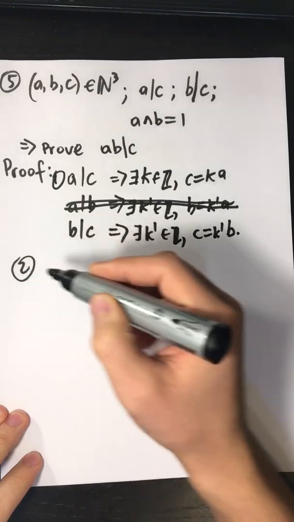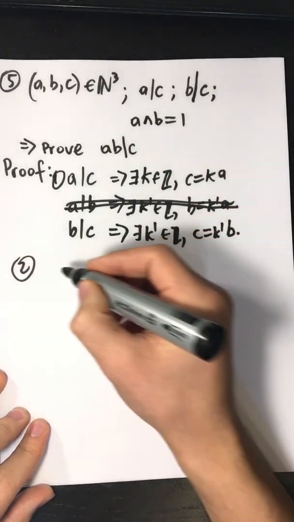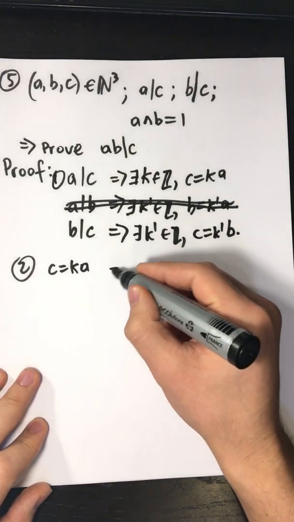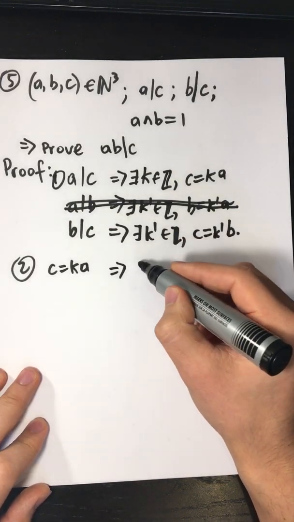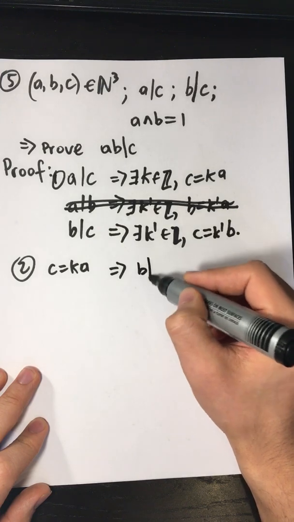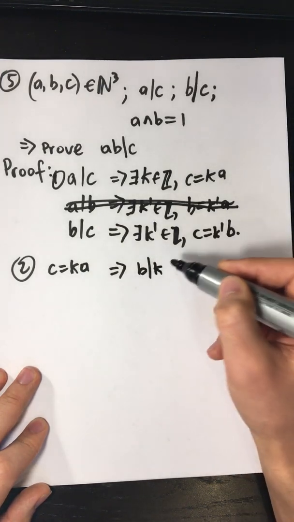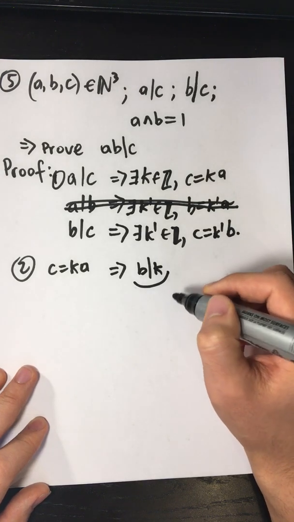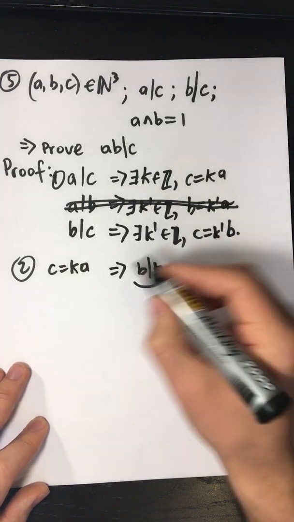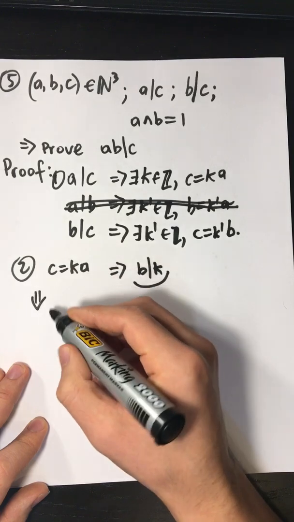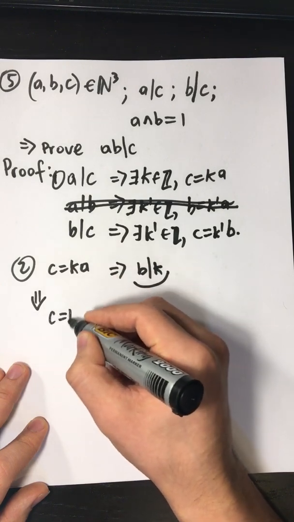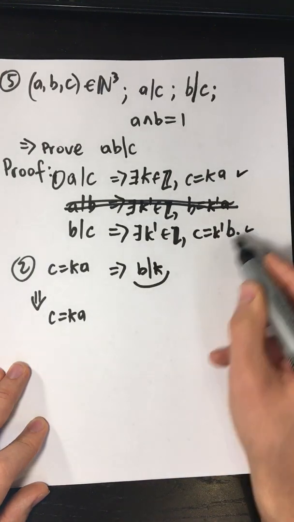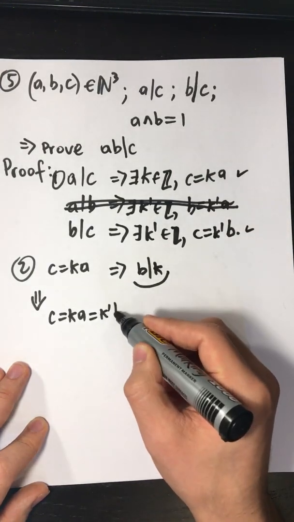And next, this is the first step. Number 2, I have c equals ka, right? And now my goal is to prove that in this case b divides this k. I want to prove this one. So let's prove it here. I have c equals ka, right? I'm taking this one, and c equals this one as well, k dash b.